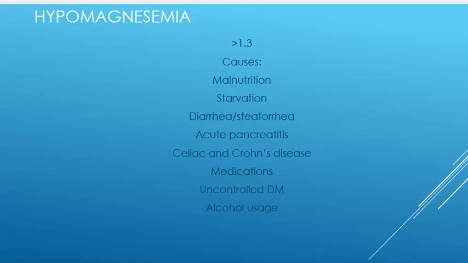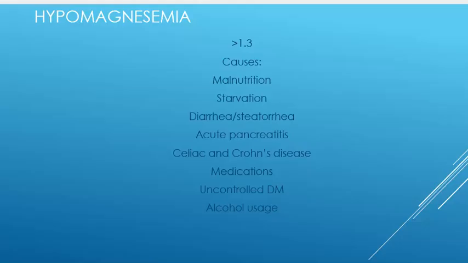There's a chart on page 268. Magnesium is the second most abundant intracellular ion. 60% is found in the bone, 39% found in muscle and soft tissue, and 1% found in extracellular fluid.